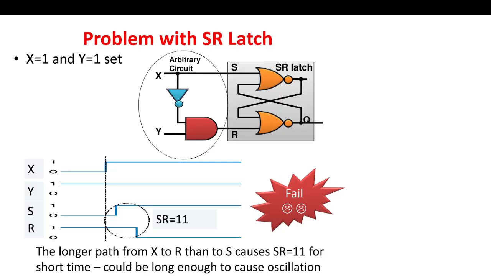Here the longer path from X to R than S to Q, this path is longer compared to this path. So it will cause S and R equal to 1 1 for a short time, for this short duration because of these two propagation delays. So again we have the problem of that 1 1.